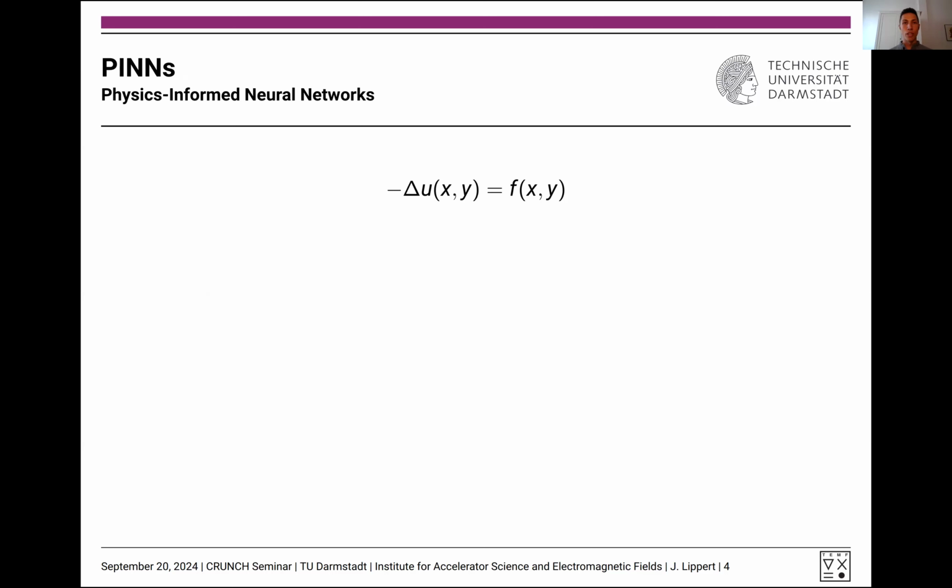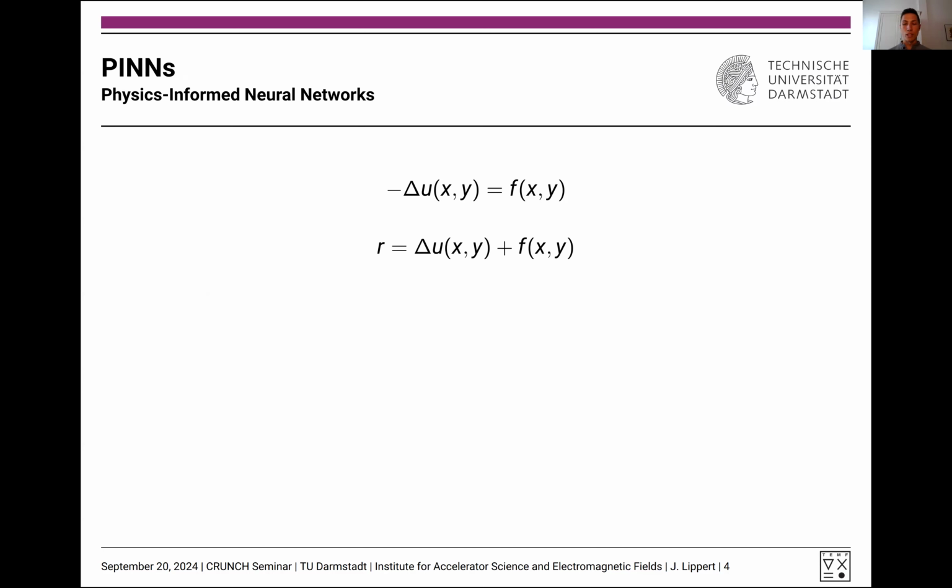Those are neural networks that rely on physical information, for example, in the form of a partial differential equation. For example, here a Poisson's equation. We can then solve this equation by defining a loss function. Here, for example, we can define it by the residuum. We just minimize the residuum.